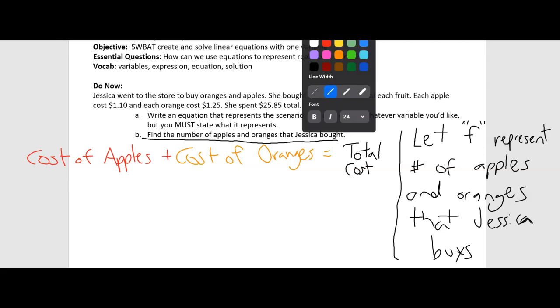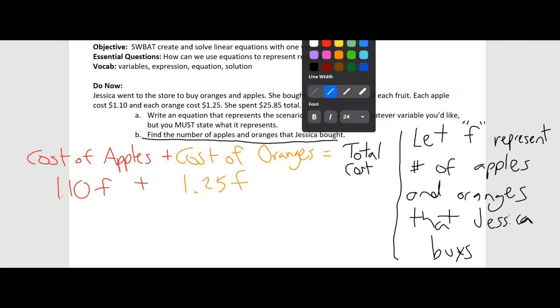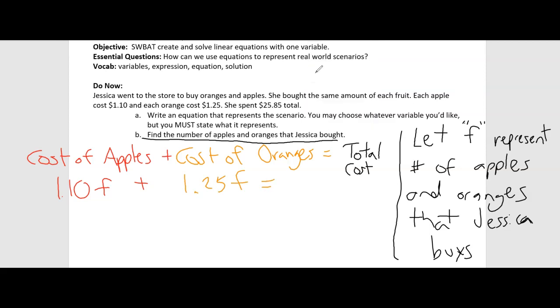So the cost of the apples is going to be the number of apples times $1.10. So 1.10 times F plus the cost of the oranges is 1.25 times F. And we are told that our total cost is equal to $25.85. So now we just have an equation to solve. There are decimals, but we can do that.